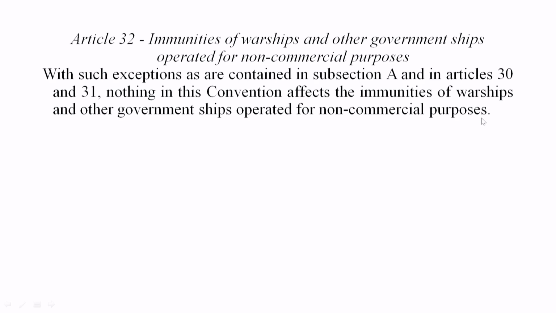There are also grounds of immunity for the warship and the government ship, and they remain unaffected when the provisions of Articles 30 and 31 are applicable. Convention here means UNCLOS.